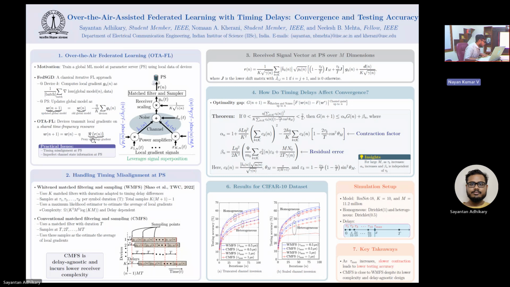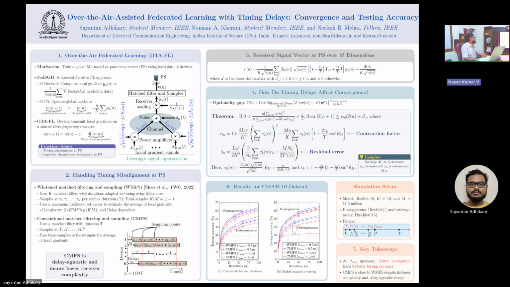And the good thing about CMFS, the conventional match filtering scheme, is that it's delay agnostic. You don't need to know the delays a priori at the parameter server in order to design this match filter, and it also incurs lower receiver complexity because this whole maximum likelihood estimator is not required anymore.